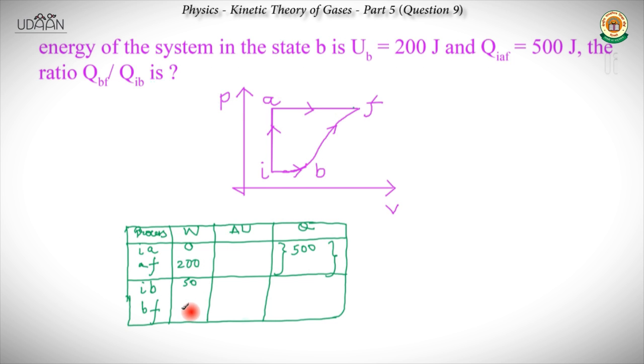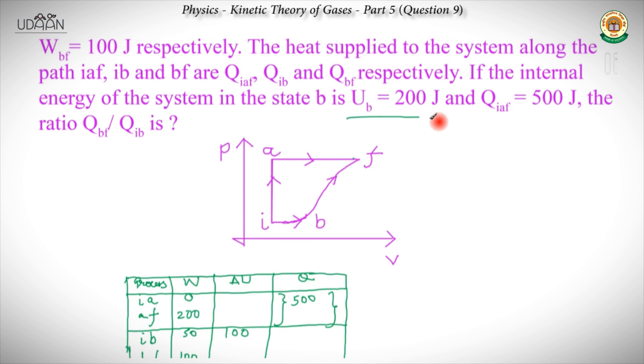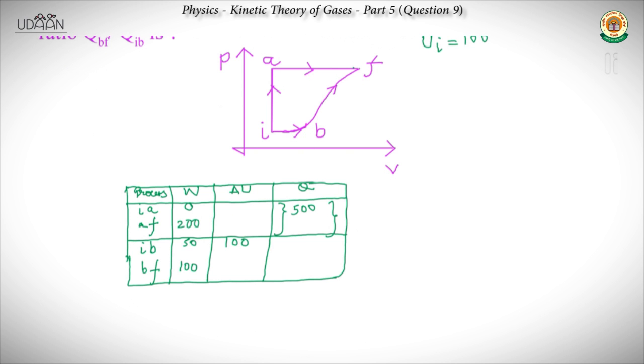For BF we are given it to be 100. And the delta U here is given as 100. Why so? Because UB is 200 and we know that UI is 100. So UB minus UI gives the change in the internal energy during that process. So we have got 100.